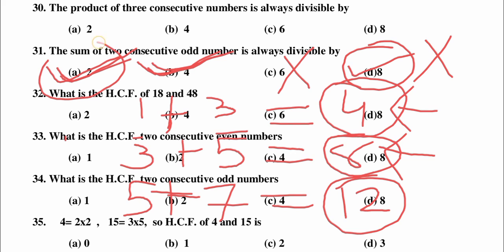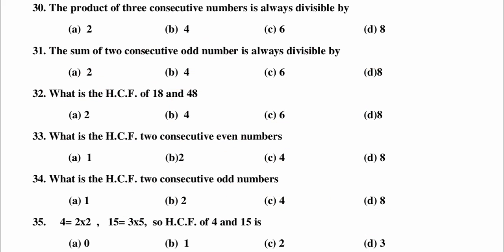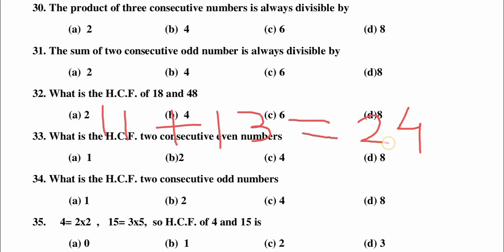Now we check for 2 and 4 only. Then in the next pair we take two consecutive odd numbers 11 and 13. 11 plus 13 is equal to 24. Can we divide this 24 by 2 and 4? Yes, we can divide it by 2 and 4.